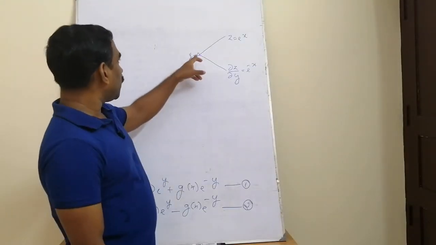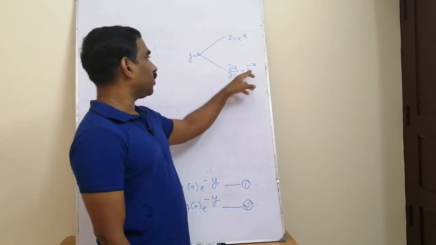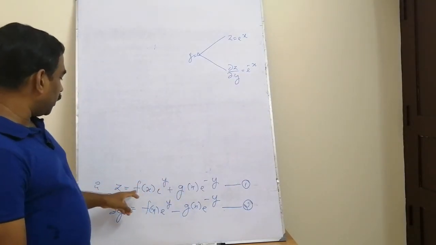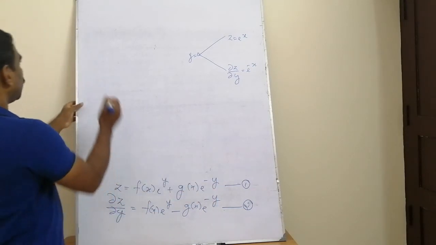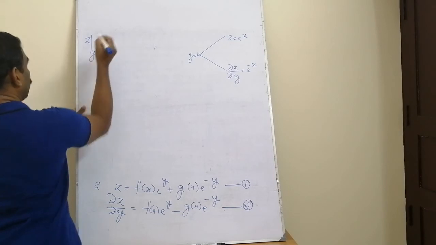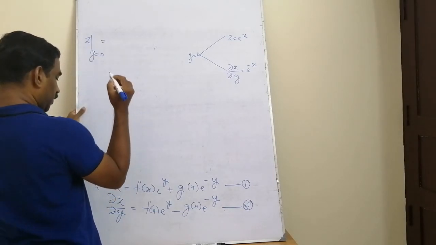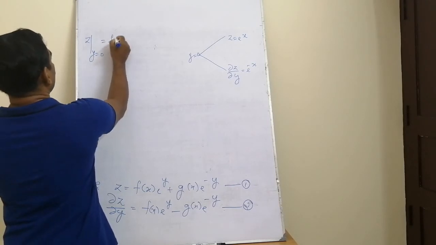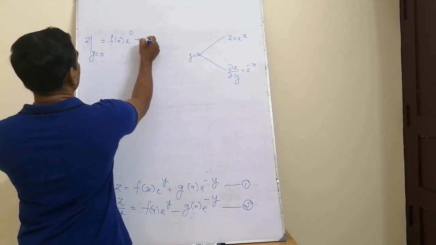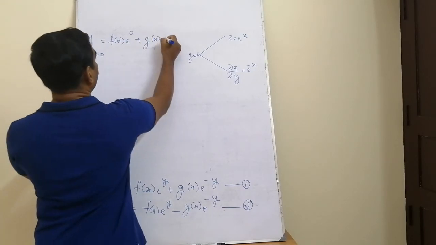Now the initial conditions are when y equal to 0, z equal to e raised to x and dou z by dou y equal to e raised to minus x. So we are consecutively imposing the condition in equation number 1. That is, the general solution at y equal to 0 becomes z at y equal to 0 is f of x into e raised to 0 plus g of x into e raised to 0 again.